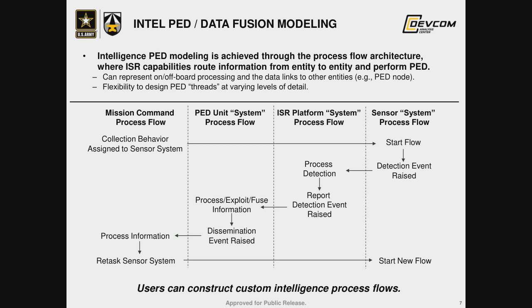This is a really simple case, but you could have different behaviors and links between your process flow for PED to do different tasks of dynamically collecting information, processing it, fusing it, disseminating it to different areas, and retasking sensor systems to deal with that data.